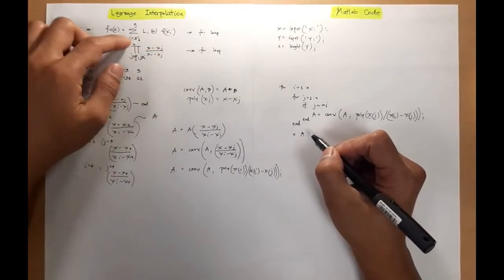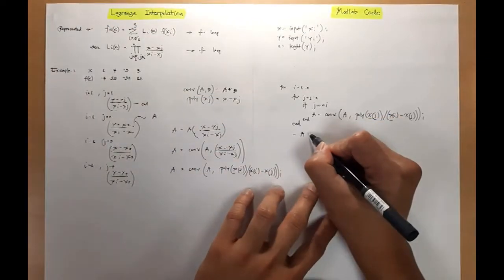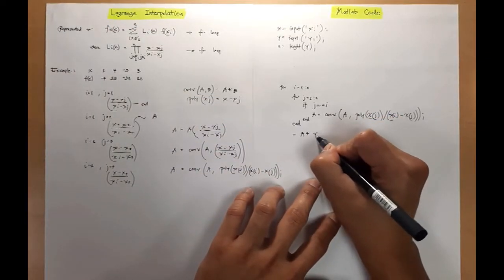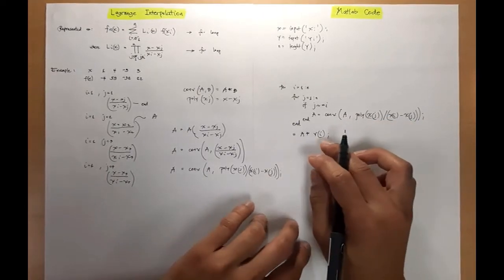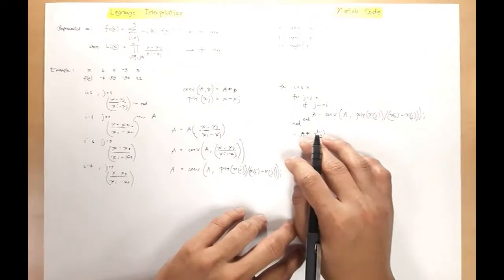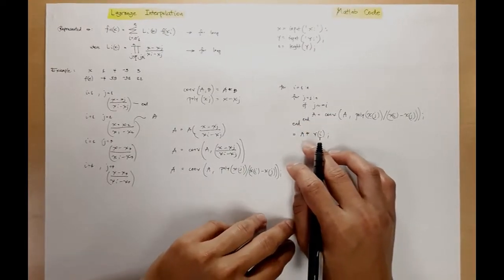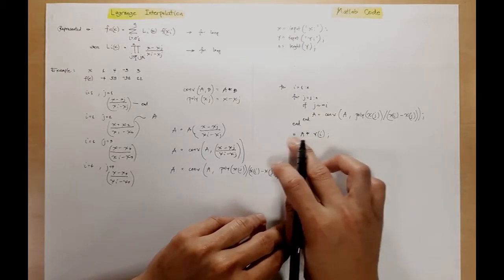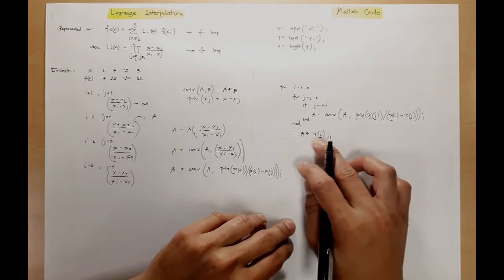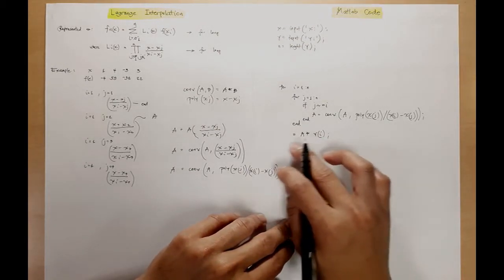From 1 to n, we get the product, and then we multiply it to yi. Then we will save this first iteration into a matrix, because it is easier to save functions, because this one is a function. It is in terms of f of x. In MATLAB, it will be simpler if we save this into a matrix first.